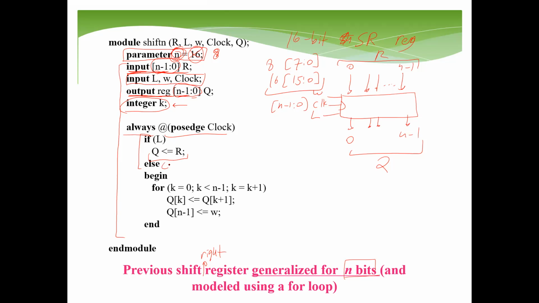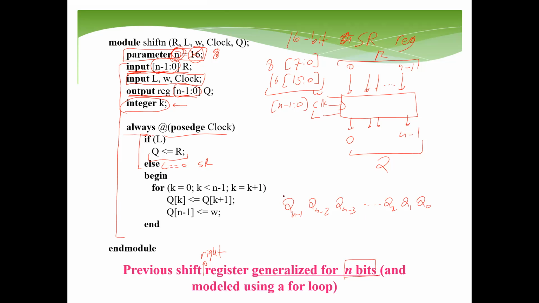All right, so else, that means if L is equal to 0, we want to shift right. So what's happening in shift right? Write your number, that's Q of n minus 1, Q of n minus 2, Q of n minus 3, up until you reach Q2, Q1, and Q0. Try to recall what we are doing in shifting right.